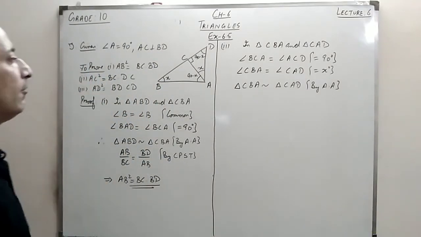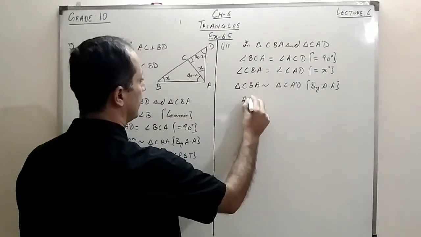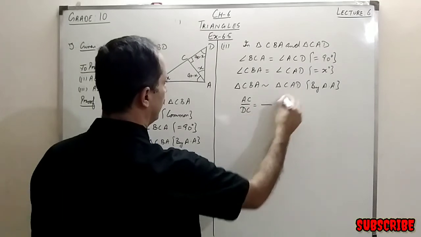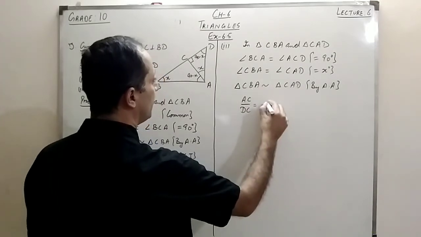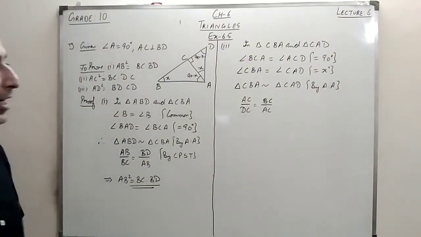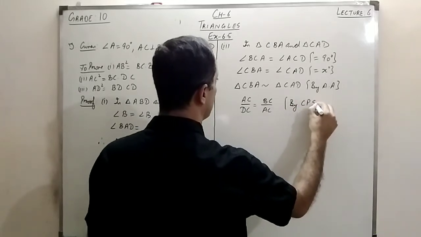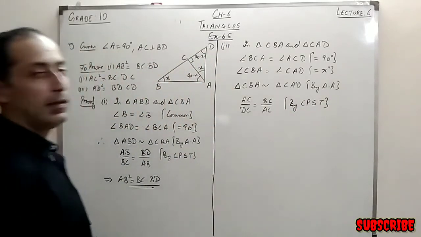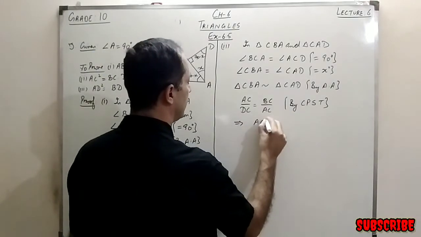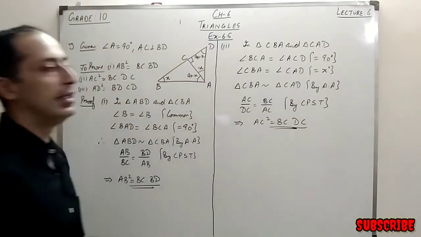So, for this case, if I want AC from this side, it would be DC from this side, and if I want AC from here, it would be BC here, and I write by CPST. Right? So this is AC square is equal to BC into DC. So this is my desired result.